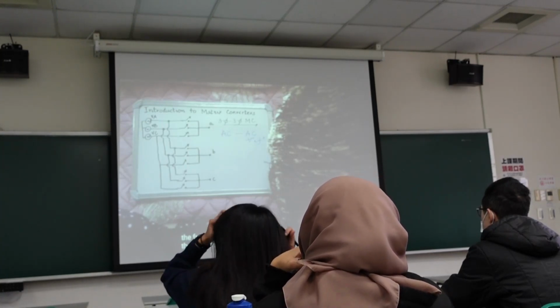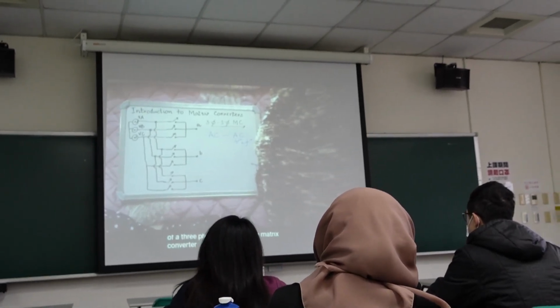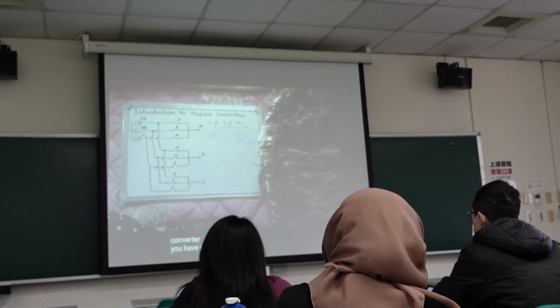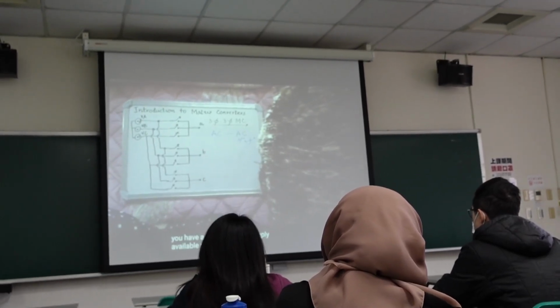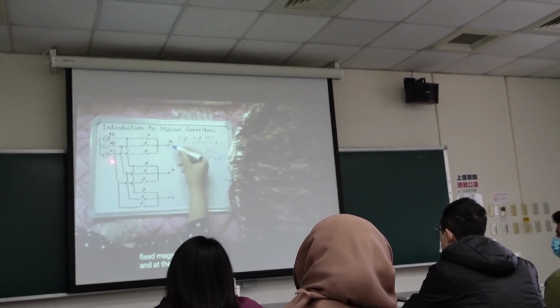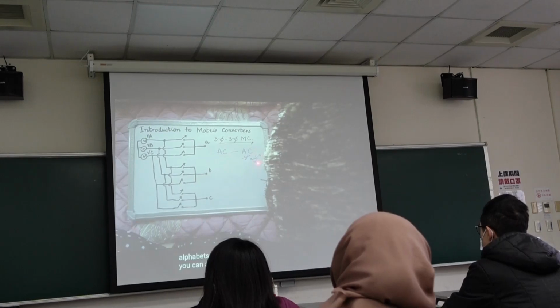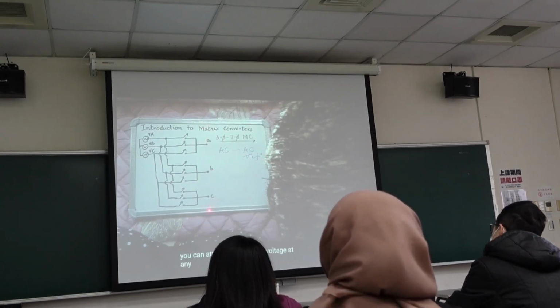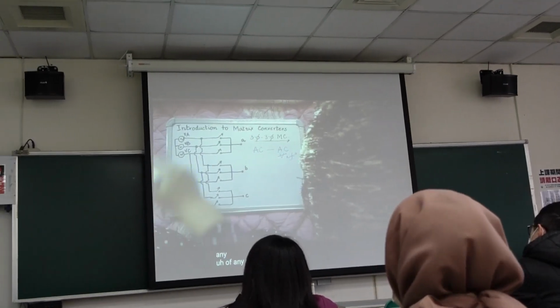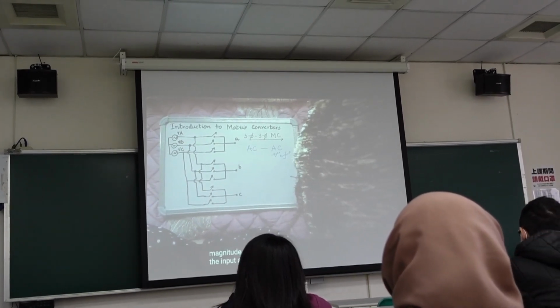Now, the circuit shown over here is a circuit of a 3-phase to 3-phase matrix converter. You have a 3-phase AC supply available with a fixed frequency, 60 hertz, at the input. The output is a 3-phase AC output. You can attain a voltage of any magnitude less than the input magnitude, and at any frequency.